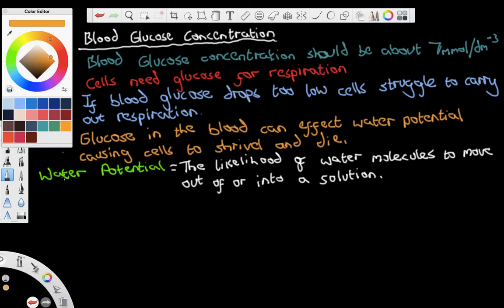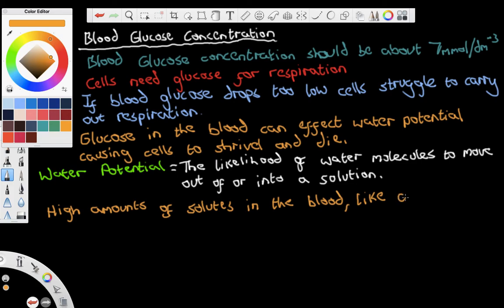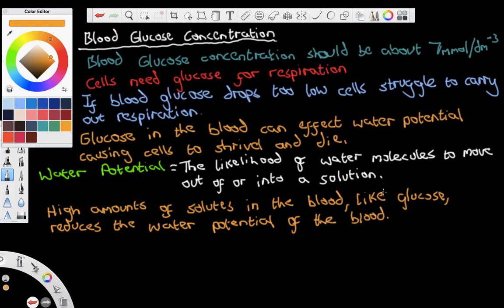So we can say that high amounts of solutes in the blood, like glucose, reduce the water potential of the blood.